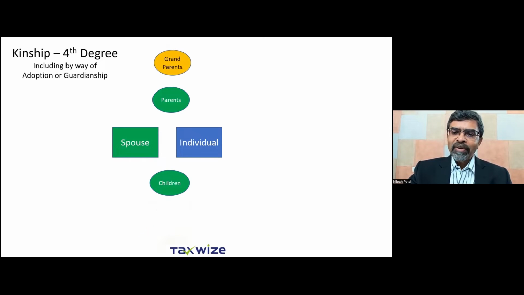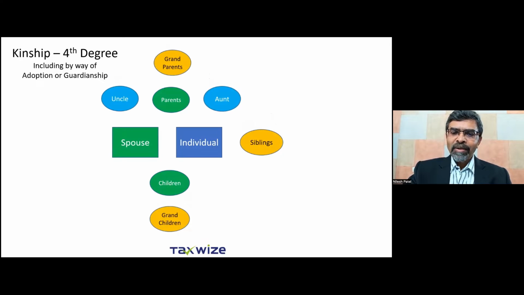The grandparents, grandchildren, and siblings, brothers and sisters of the individual, are the second degree of kinship. The third degree of kinship is uncle, aunt, and the children of siblings. Uncles and aunts can be from the father's side or from the mother's side.